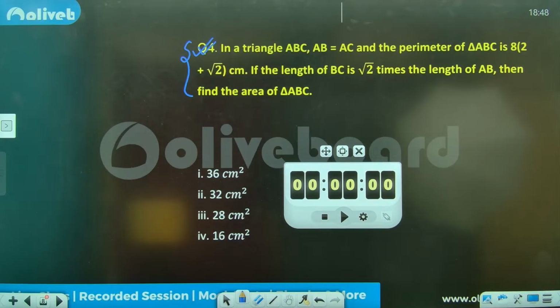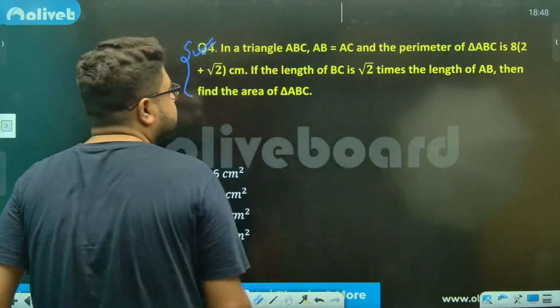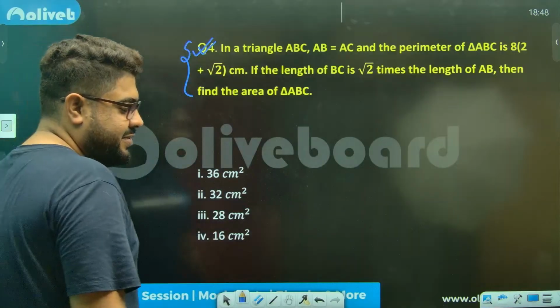Any answers, sir? 32, Dev is saying 32. Anybody else? X is 8, Sagar is saying. Okay. But again, X was not asked. Area they are asking.